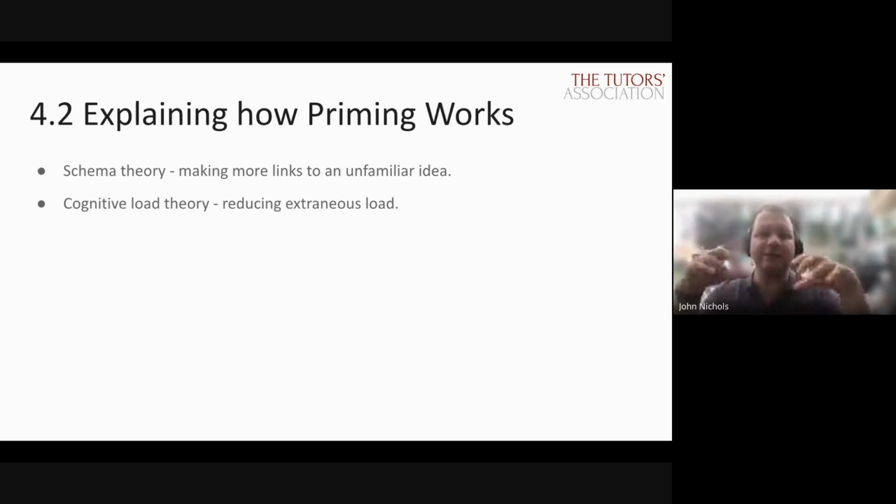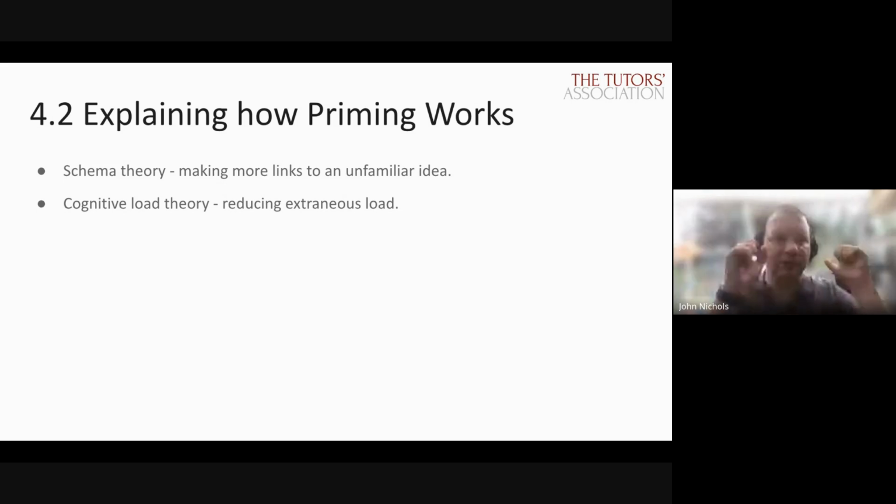Brilliant. So schema theory is an explanation for how we remember information, and the hypothesis is that we remember information by having complex interrelated networks of related concepts. So we link things like our mother to our family and to nice times and memories that we've hopefully had with her.